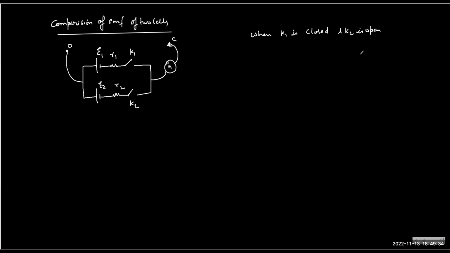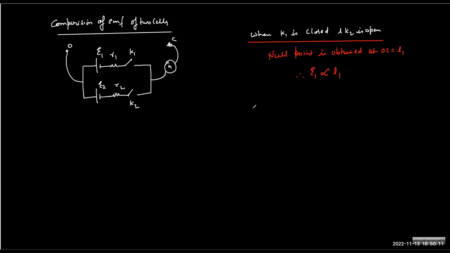So the null point obtained in such a case will correspond to which EMF value? The null point is obtained at OC equals L1. So can we say that E1 must be proportional to L1? Yes or no? Yes, sir. Okay.